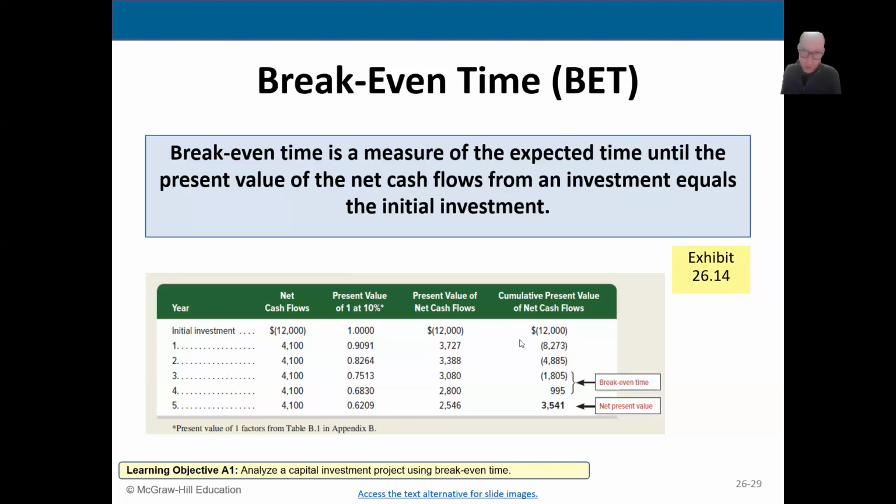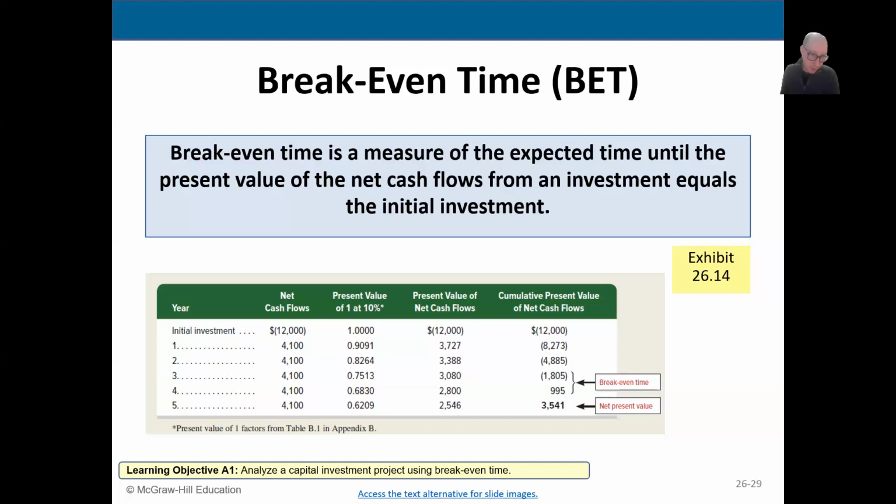We take the cumulative net present value of year 3, 1,805, divide that by the year 4 present value of the net cash flow, 2,800. That gives me the exact amount of time in between years 3 and 4.